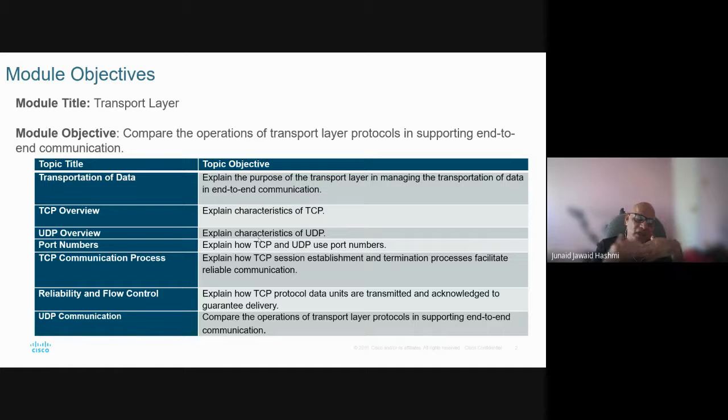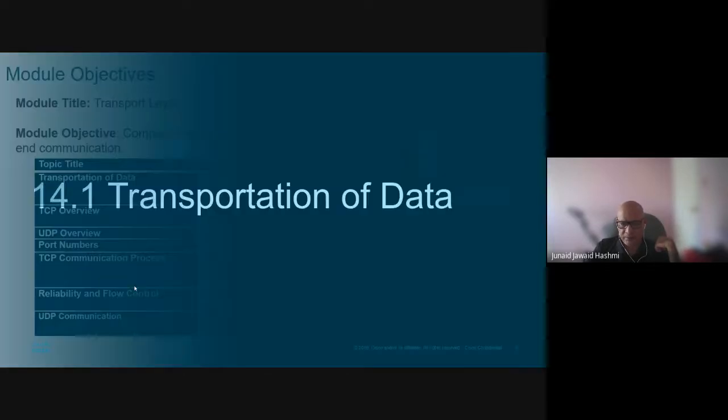TCP is responsible for transporting packets over the network. Then you have another protocol called UDP. We'll also discuss port numbers, which are very important for troubleshooting or for securing the network, and also reliability and UDP communication.